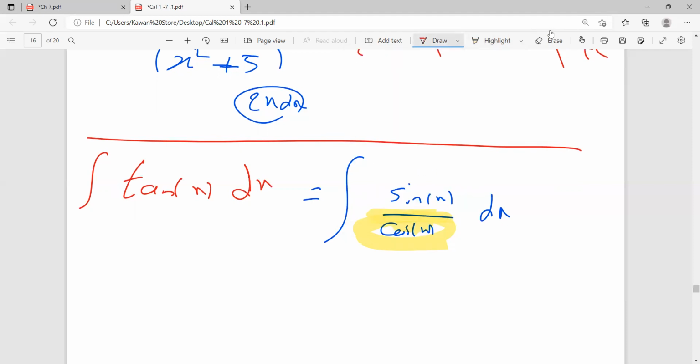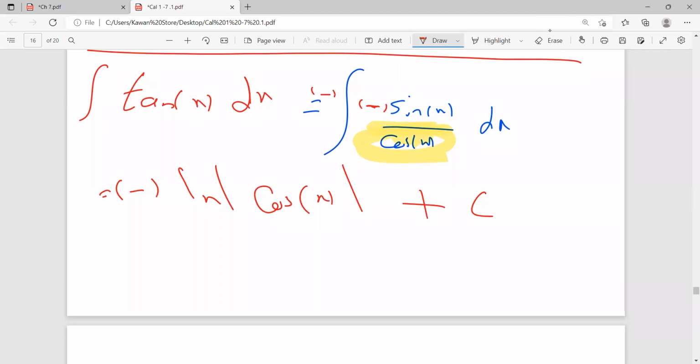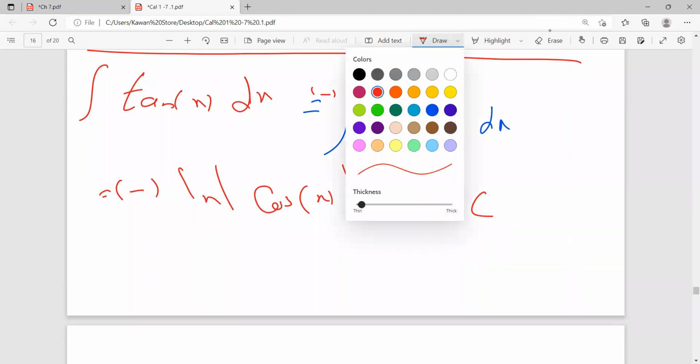So we have a minus sign. What do I need? And now everything is ready. So I have minus ln of cosine x plus c. Any comment? Easy.